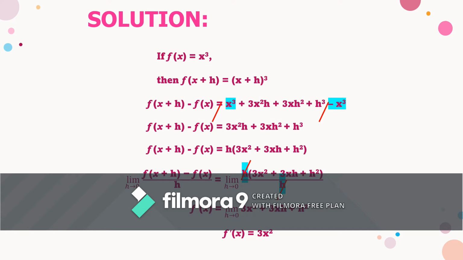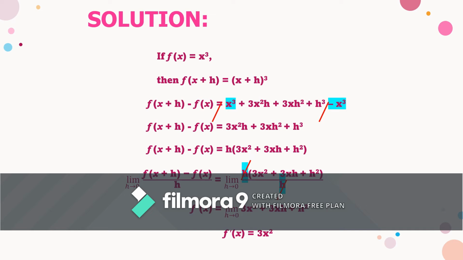Okay? So, next, since we canceled the terms x cubed minus x cubed, what is left is 3x squared h plus 3x h squared plus h cubed. To divide easier, factor out h on the numerator. So we have h times the quantity 3x squared plus 3xh plus h squared.